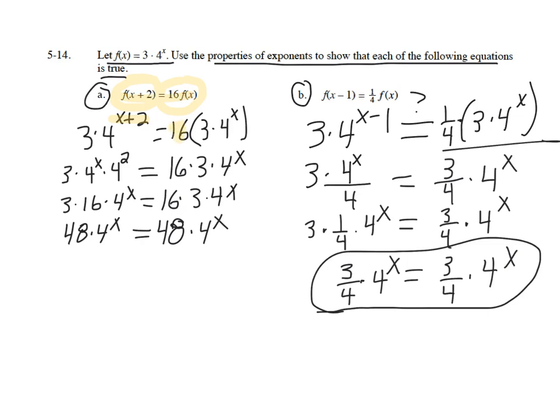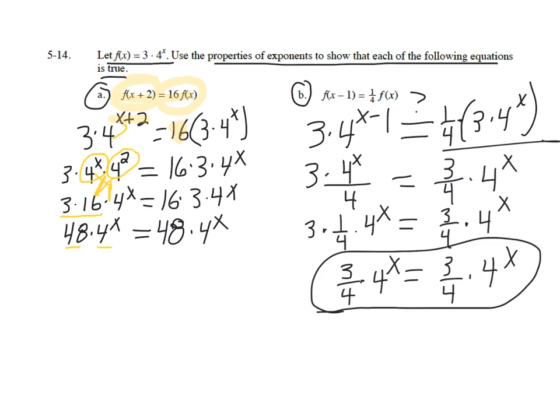Simplifying the left side, 4 raised to the x plus 2 is 4 to the x times 4 squared. Well, 4 squared is 16. 4 to the x is just 4 to the x. And so I have 3 times 16, which is 48, times 4 to the x.